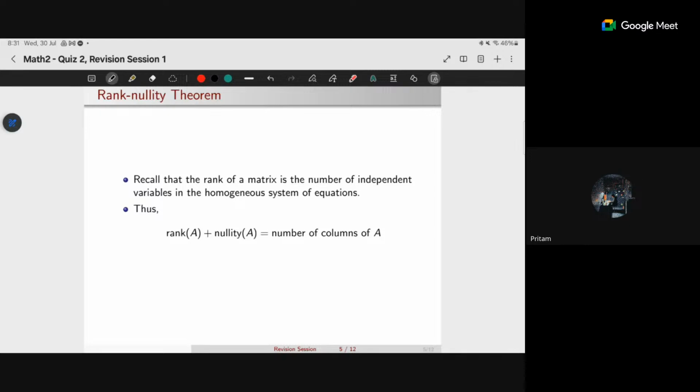Using this, there will be some problems. For example, what is the minimum rank? One way to look at it is, if the rank is minimum, the nullity has to be maximum. Or let's say maximum rank first. If you want maximum rank, then nullity has to be minimum.